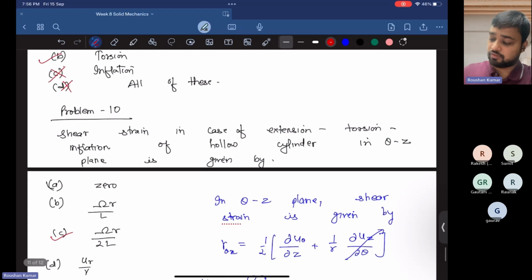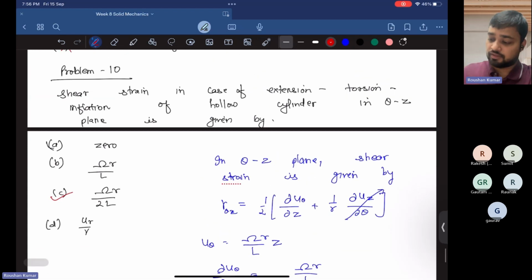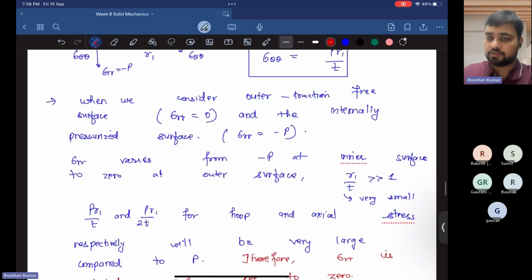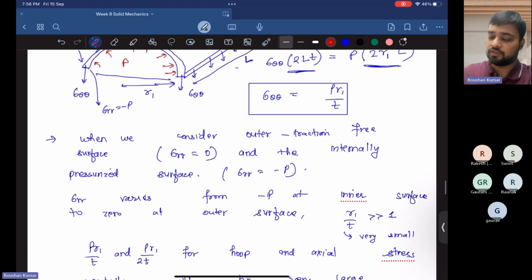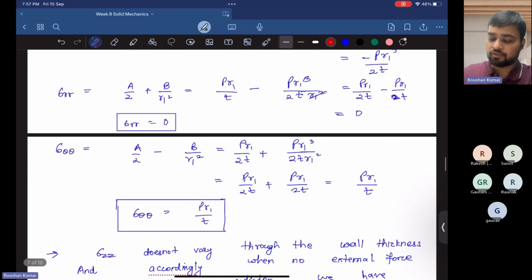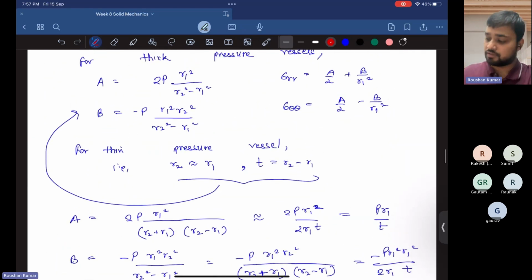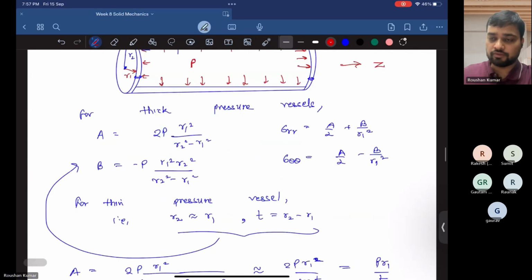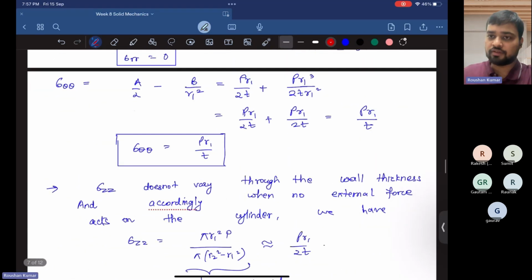So this is all about today's session. I first gave the overview of the lecture based on the extension, torsion, inflation of hollow cylinder. After that I solved the problems based on extension, torsion, inflation. So I have solved two major problems. Problems 1 and 2 are very good questions based on this concept.